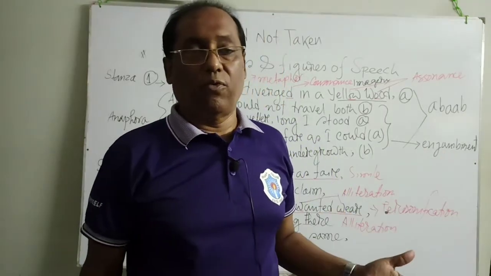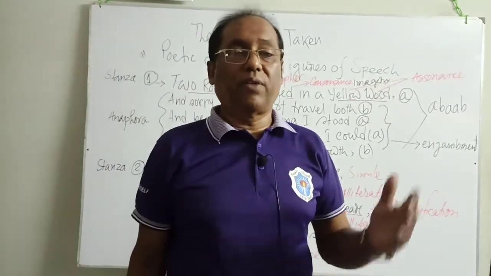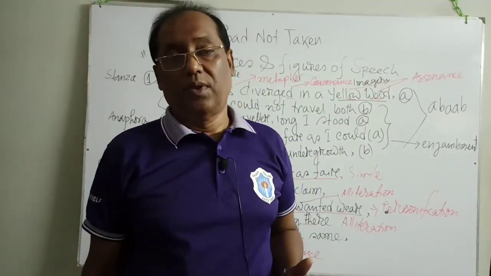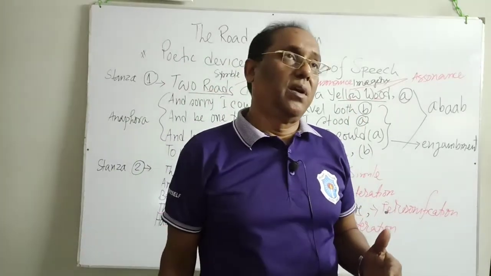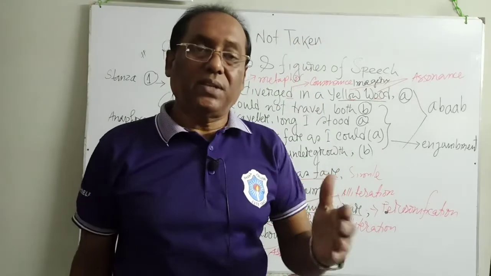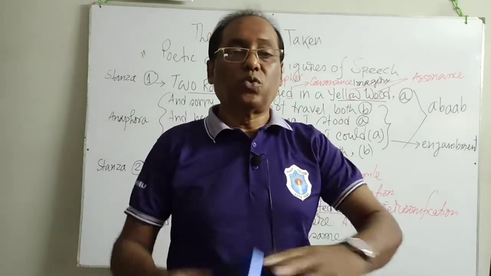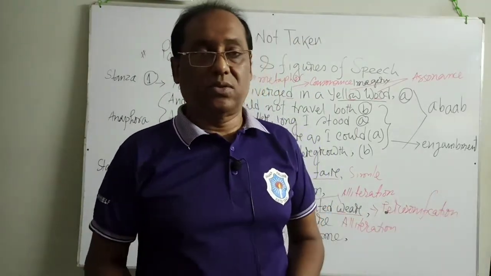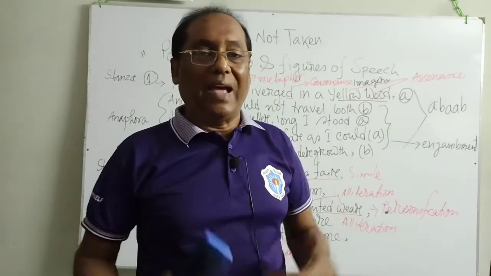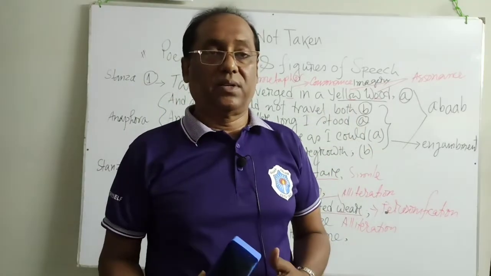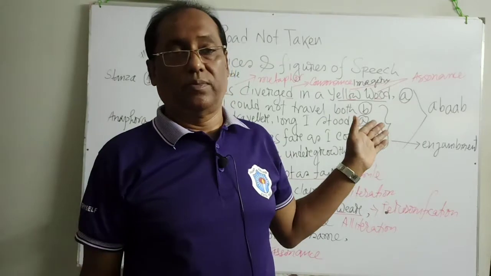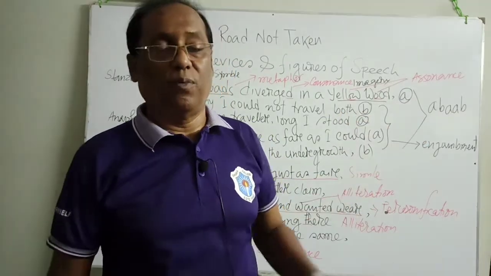What is a metaphor? A metaphor is a figure of speech, which means implicit comparison between 2 dissimilar things. Human life is compared to a road. So it's a metaphor.